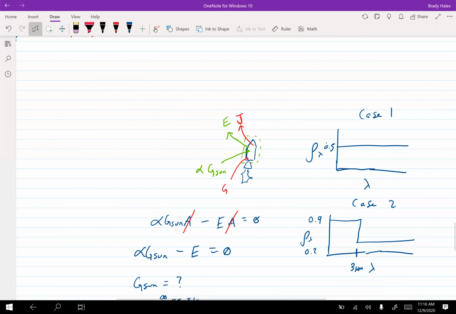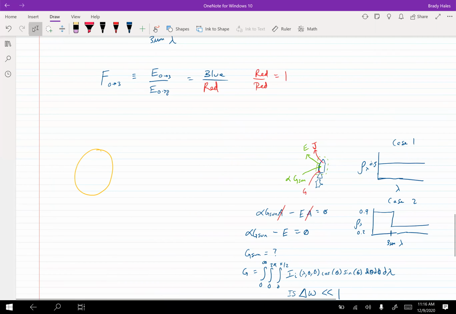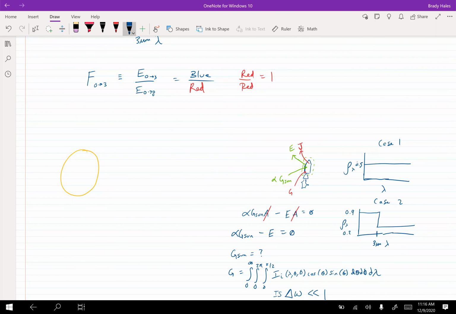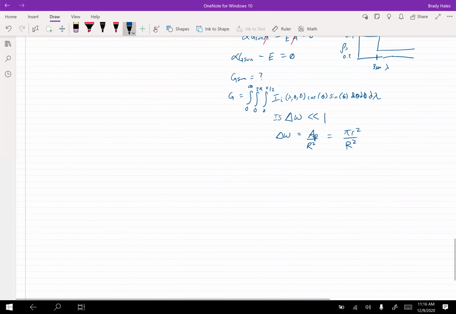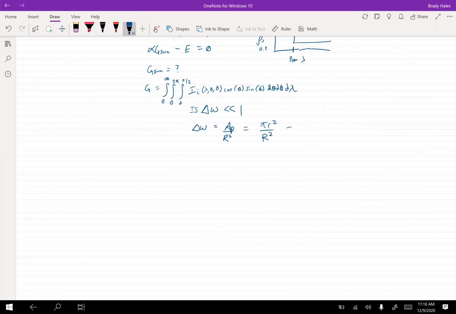And remember, what's our system? Our system is the rocket. So if we're on the rocket looking at the sun, it takes up this solid angle.